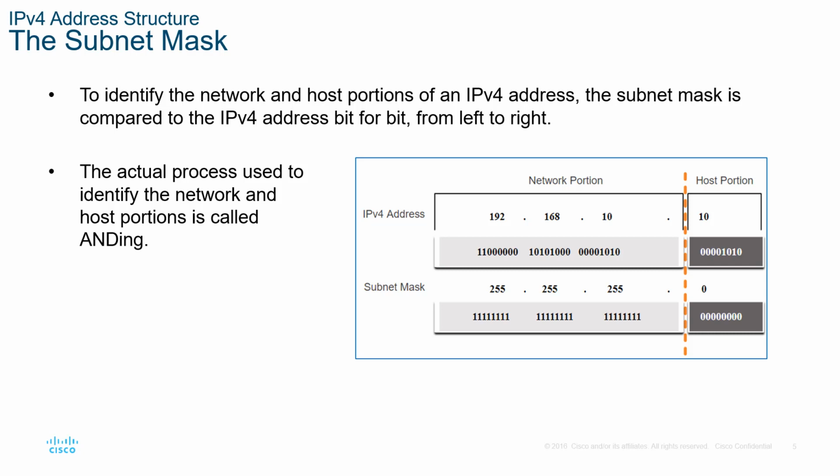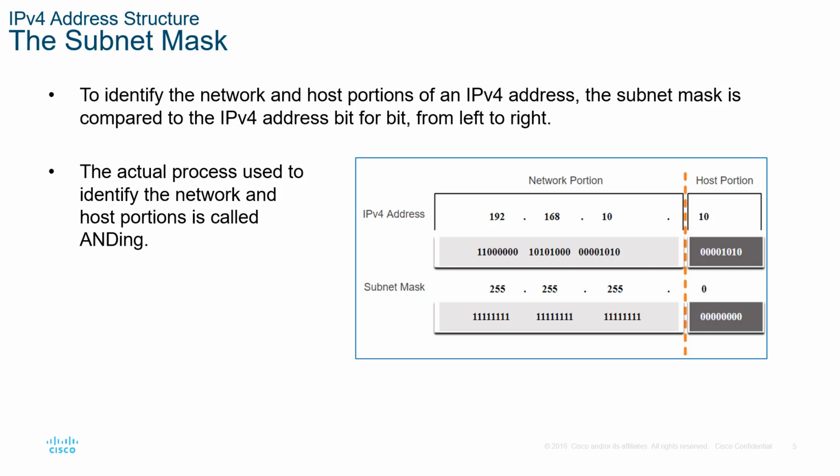So how do we figure out the network portion when we're looking at a subnet? If we line the subnet underneath the IPv4 address, where the ones are in the subnet mask dictate the network portion. Here we have the network portion ending on a boundary level.